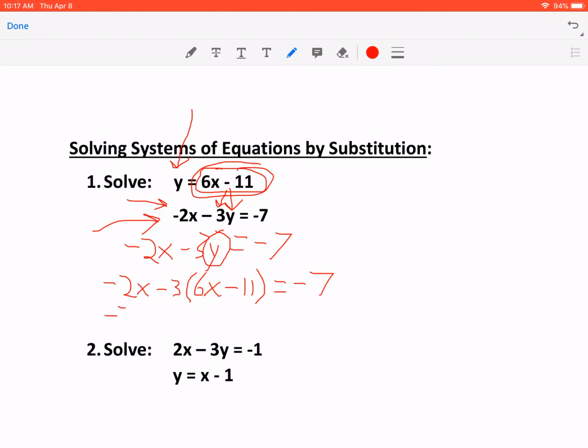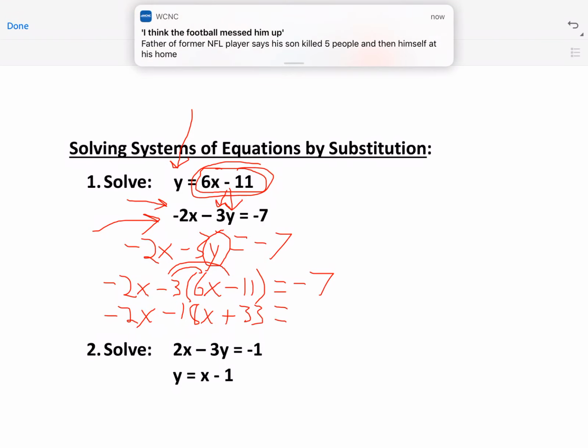So I got negative 2x. Now I need to distribute. Negative 3 times 6x is negative 18x. Then I need to distribute the negative 3 to the negative 11. Negative 3 times negative 11 is plus 33 equals negative 7.